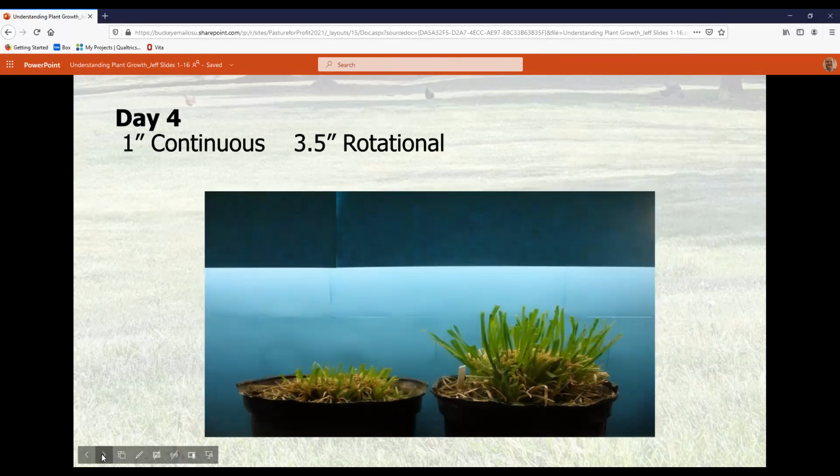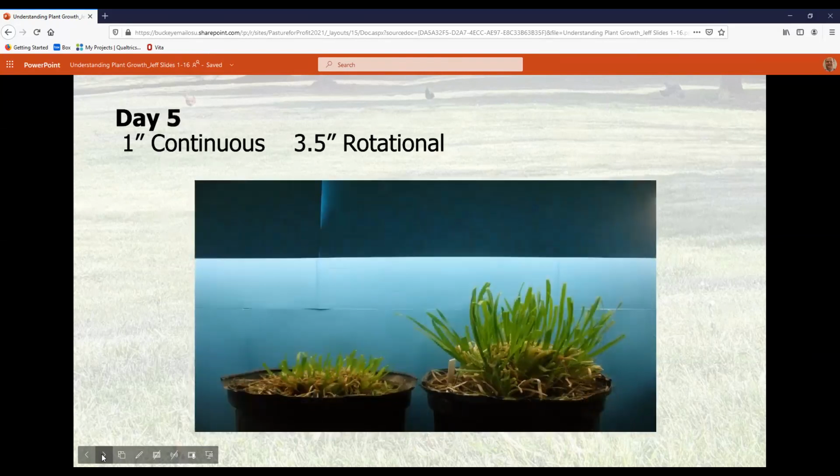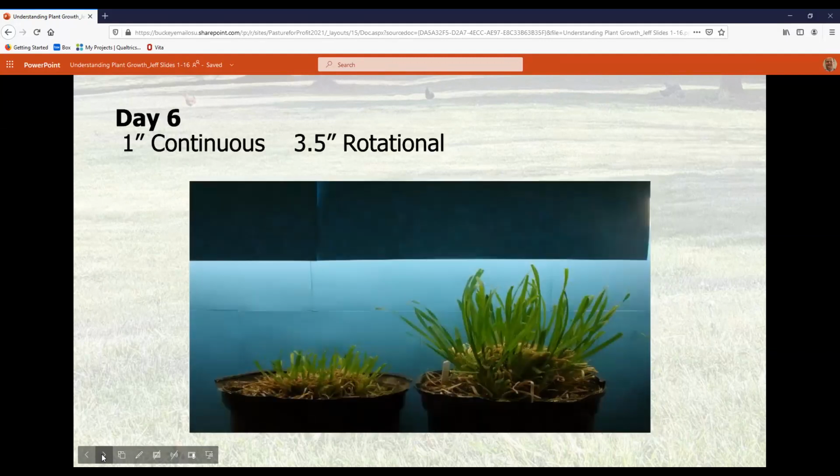Day 4, day 5, and day 6. By leaving that extra leaf area in the rotational grazing, allowing the roots to recover, that plant has been able to regrow faster than its neighbor on the left.